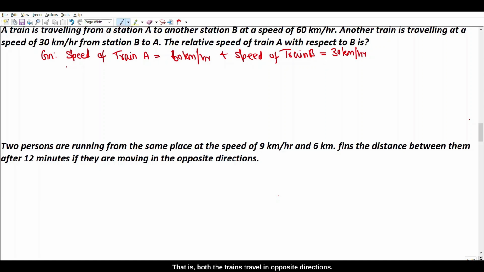That is, both the trains travel in opposite directions.